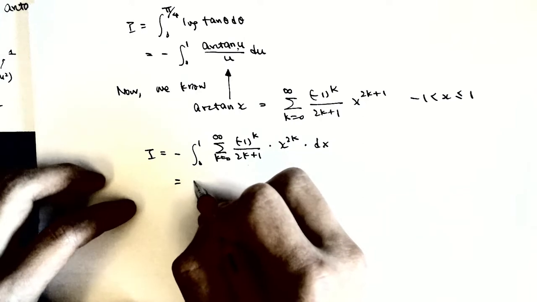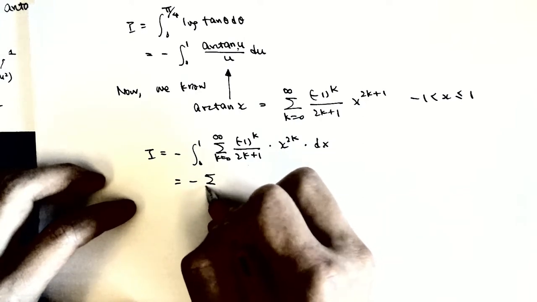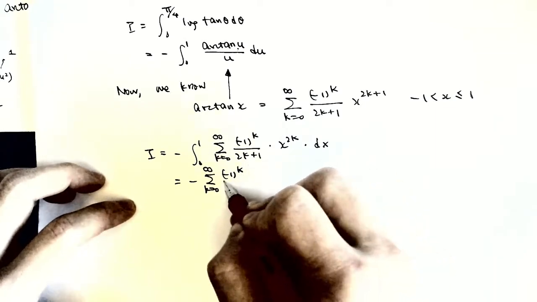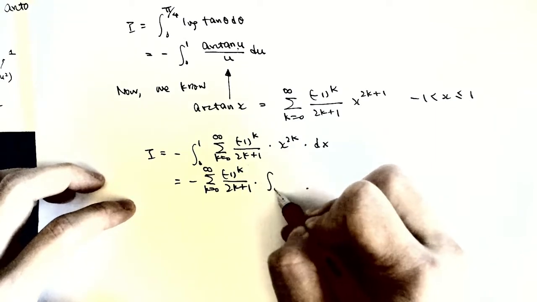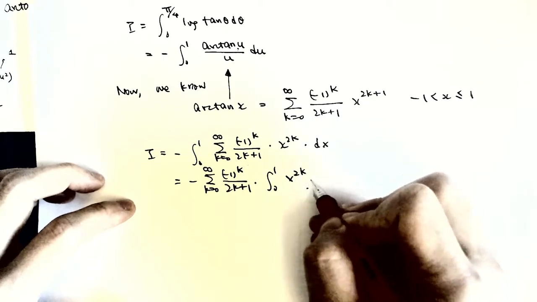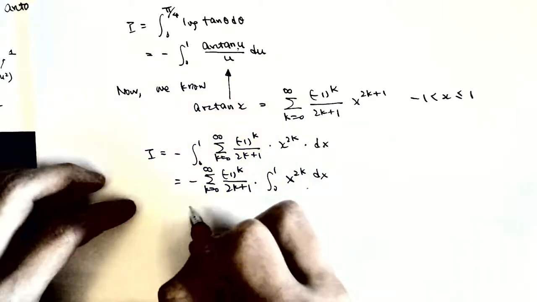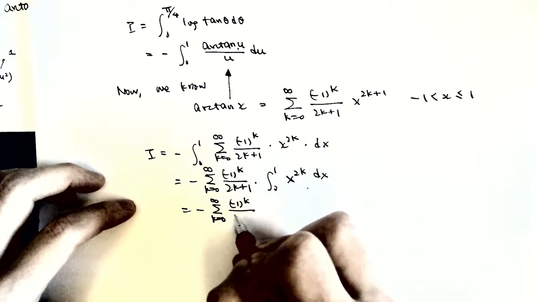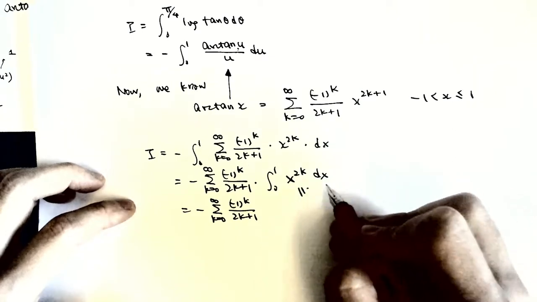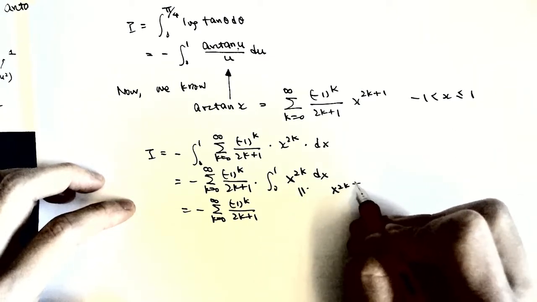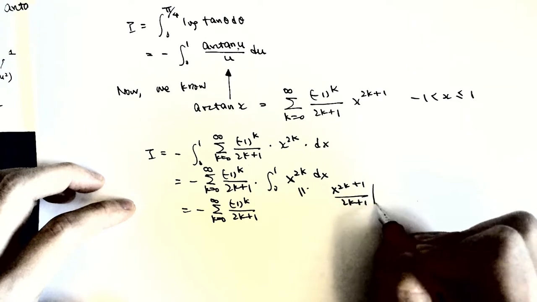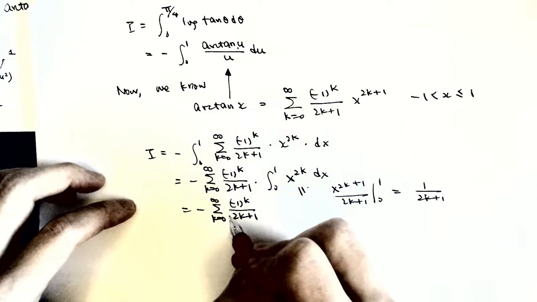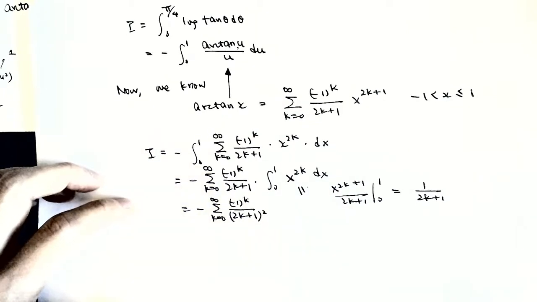So we integrate from 0 to 1 of x to the power of 2k dx. This integral is easy. It's just x to the power of 2k plus 1 over 2k plus 1 from 0 to 1, which gives 1 over 2k plus 1. So in that case, this will be squared.